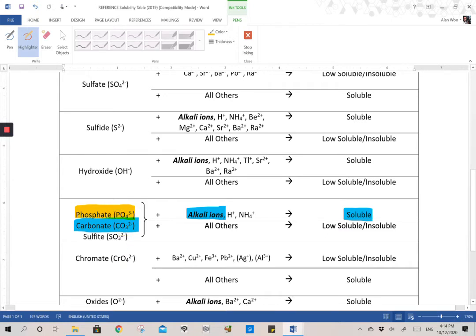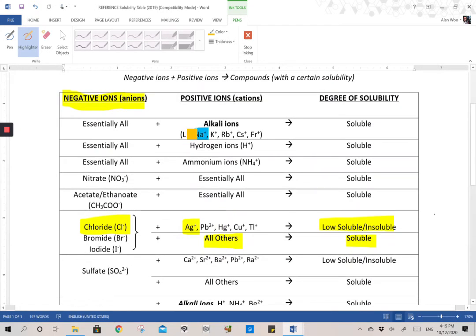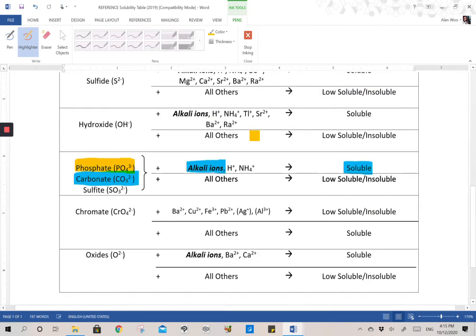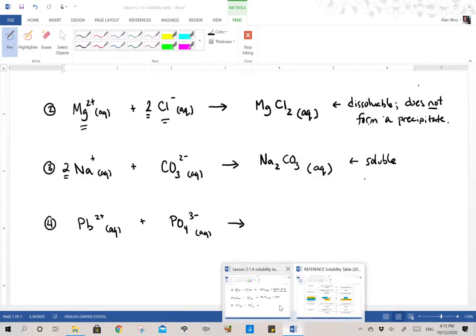They all have the same solubility rules. So all we have to do now is look for lead. Lead is not an alkali ion, right? Because lead is a transition metal. It's not from family 1. Lead is not hydrogen, and lead is not ammonium. So lead falls under all others. And the combination of lead and phosphate is low soluble. So that means it will form precipitate.